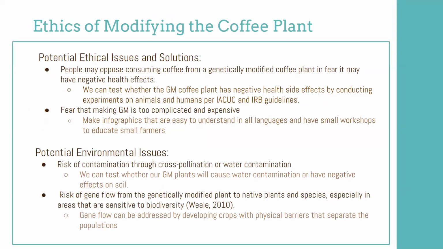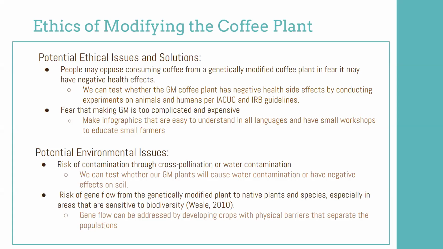To solve this, we can test whether the GM coffee plants have negative health side effects by conducting tests and experiments on animals and humans for these guidelines. Another issue would be that making GM is complicated and expensive, which is very important because this research was made to solve the developing countries' issues.